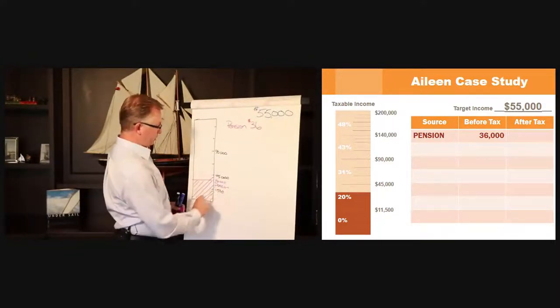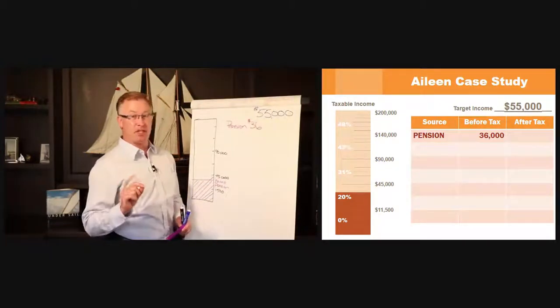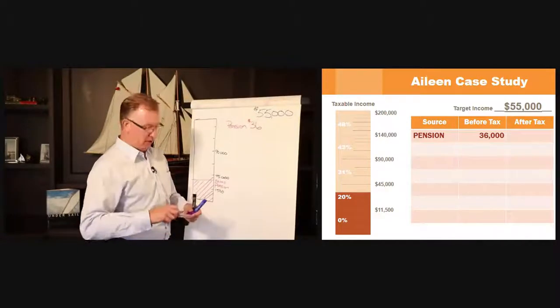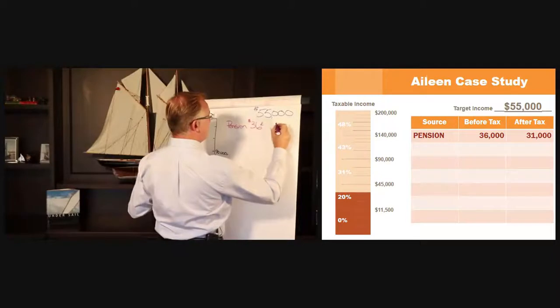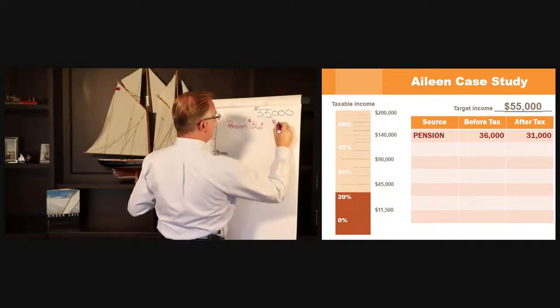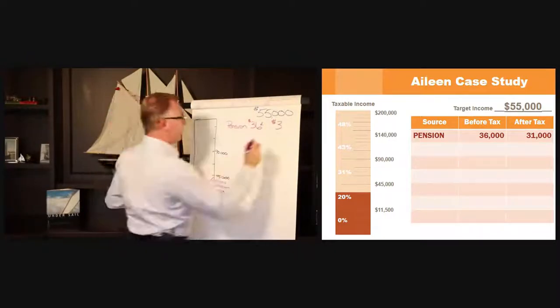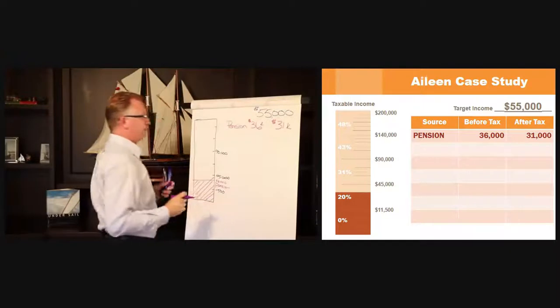On the next $24,500, she has to pay 20% in taxes. So if you want to do that math, you're welcome to, but I've done the math for you. It works out to about $4,000. So her take home is $31,000 from the pension after tax.